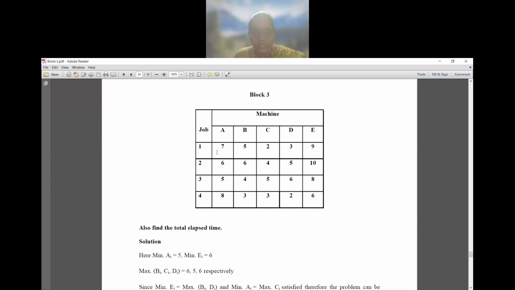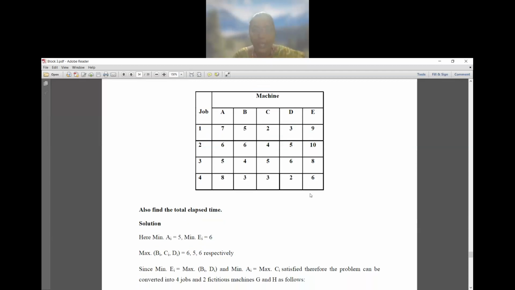Minimum of the second machine B is also 6, and maximum of B, C, D: maximum of B is 6, maximum of C is 5, and maximum of D is 6. Then we have to find the minimum value for the last machine E. It is also 6.